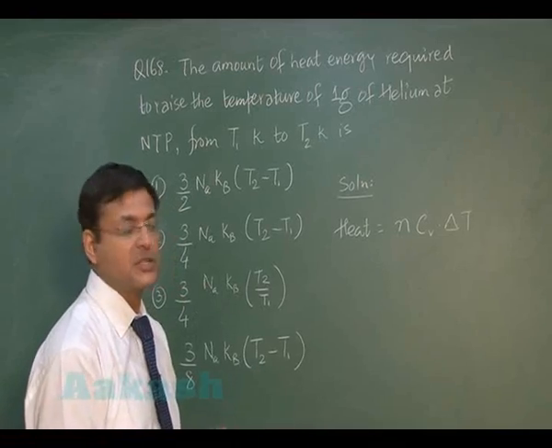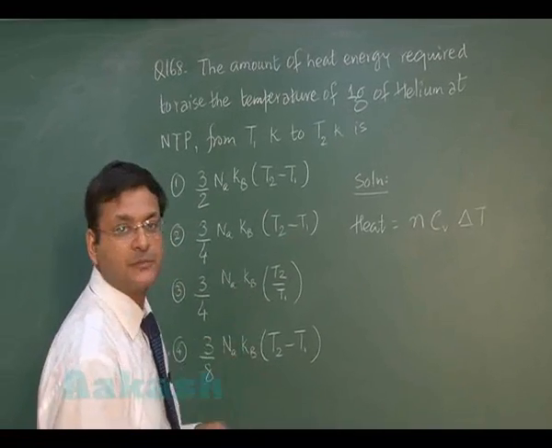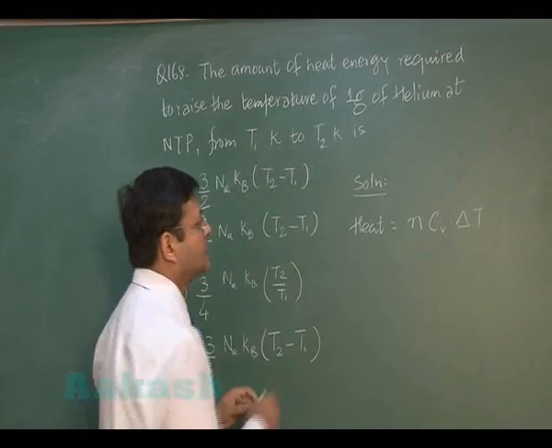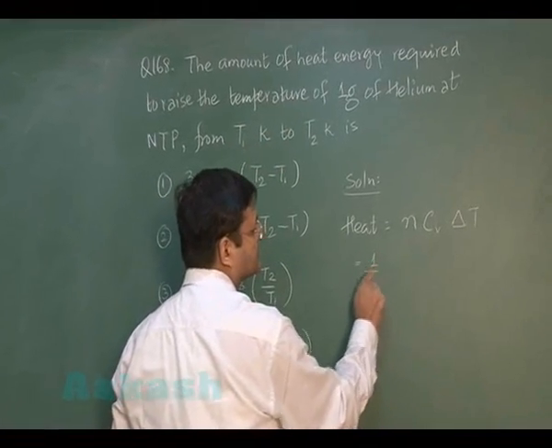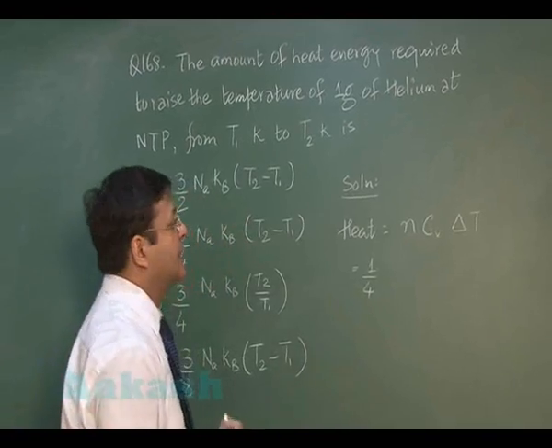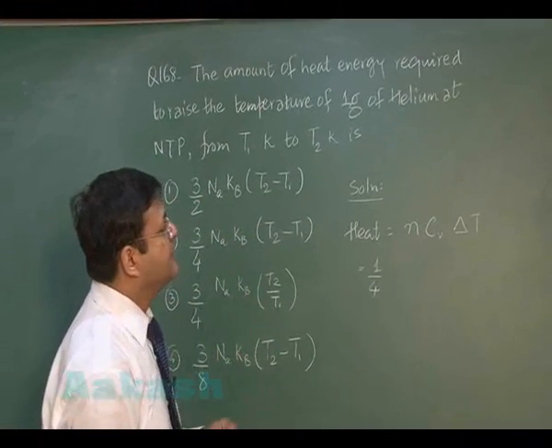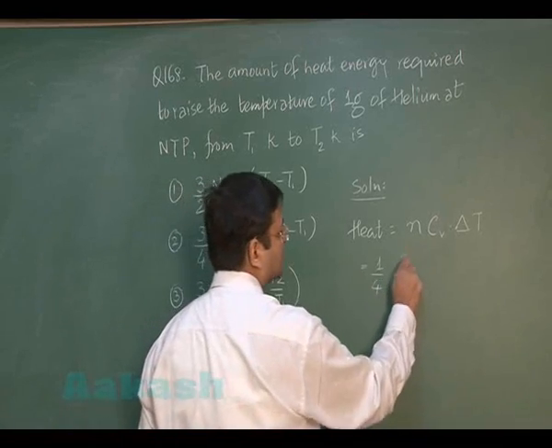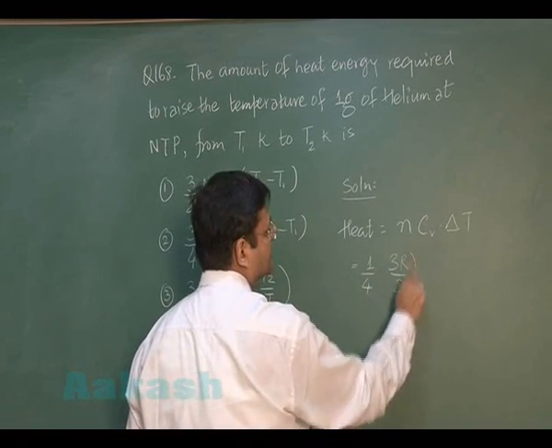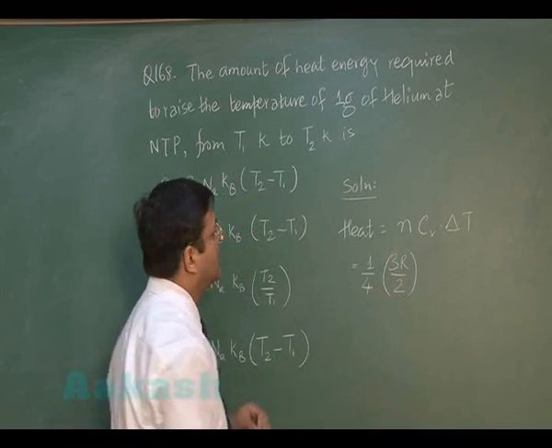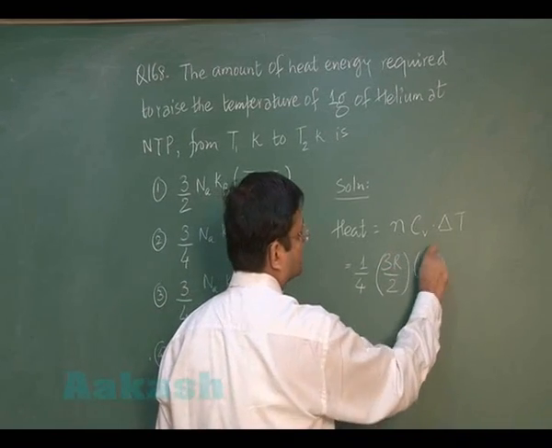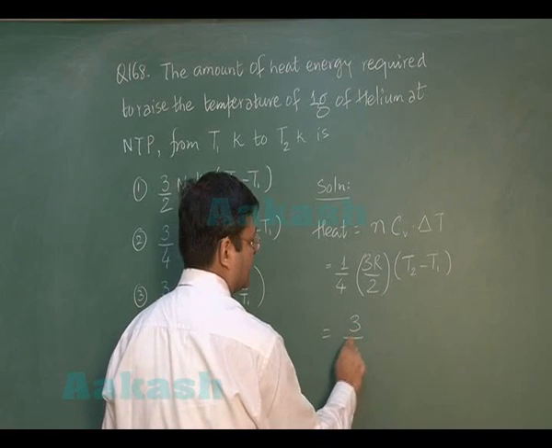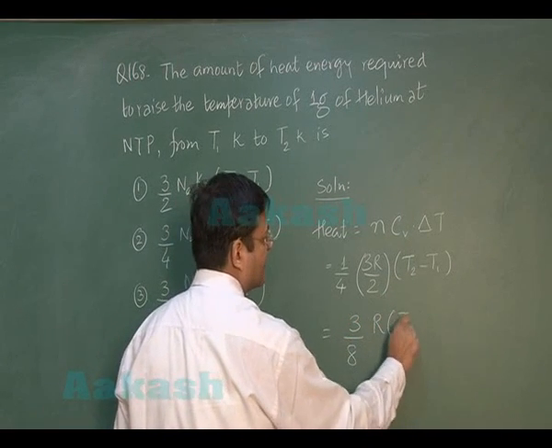This is a formula you can use for heat given to the system at NTP to increase its temperature. Now n is the number of moles. It is talking about 1 gram helium, so that makes it 1 by 4, isn't it? And Cv for a monatomic gas, that you know, is equal to 3R by 2, and delta T is T2 minus T1. So that makes it 3 by 8 R (T2 minus T1).